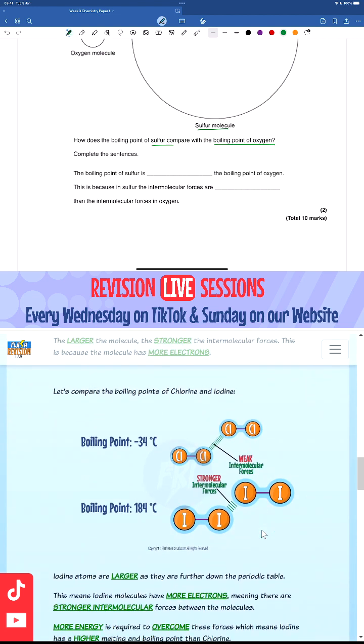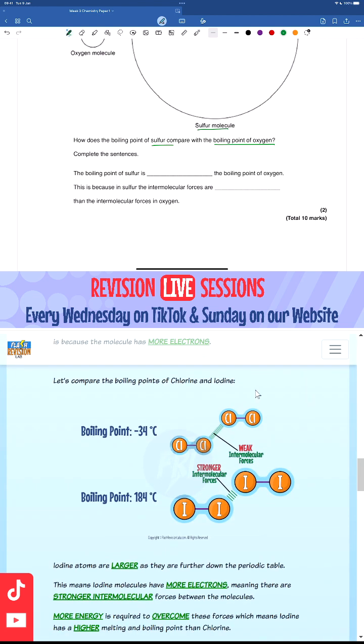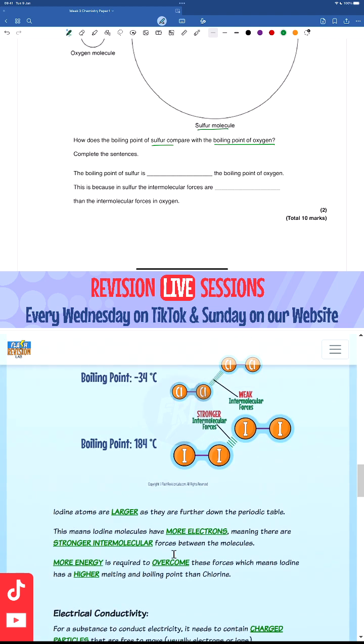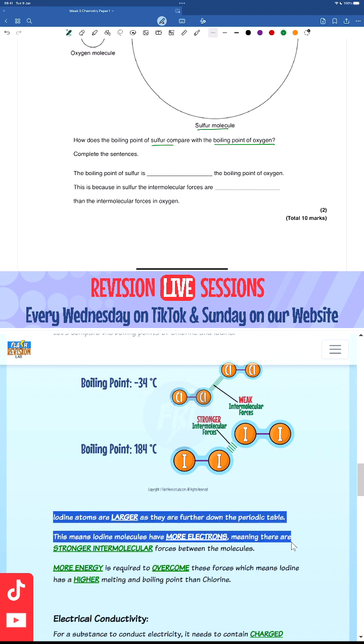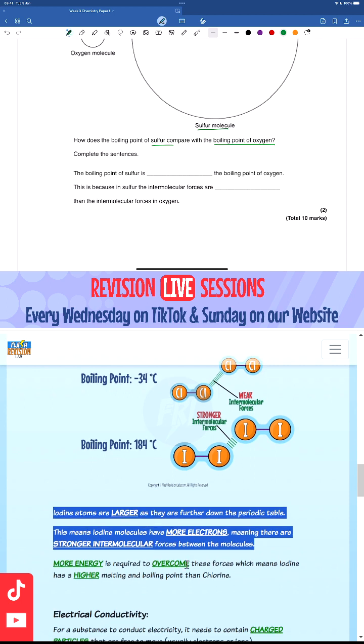In our example, we've got chlorine and iodine. The bottom one has a bigger molecule because it has bigger atoms, which means its boiling point is greater. The reason is that iodine atoms in this example are larger, so they've got more electrons, meaning there are stronger intermolecular forces between the molecules. So more energy is required to overcome them.